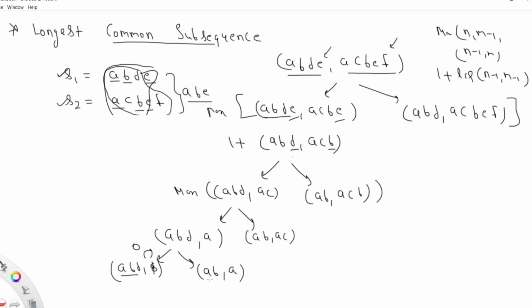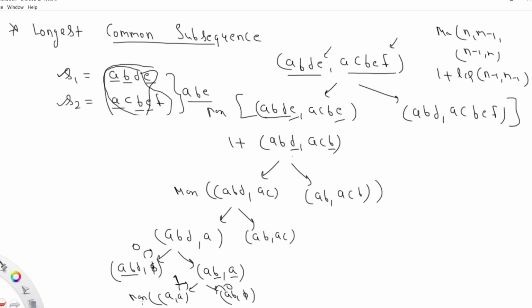So what will happen, this will again go further, because here B and A are not matching, so one will be A and A, and another one will be A, B and 5. Now this is the maximum of this one, so this is A and A, meaning matching. It means it will return 1 plus, and because it is 0, it will return 1, and this is 5, so it will return 0.